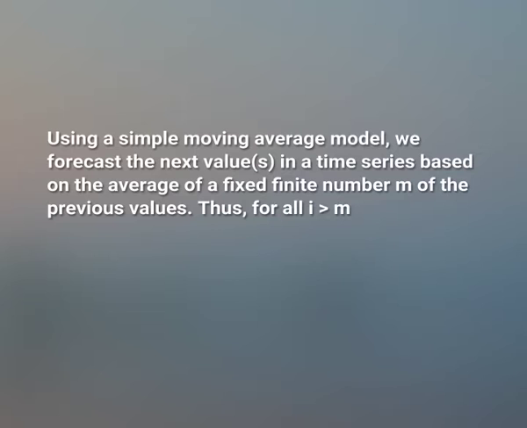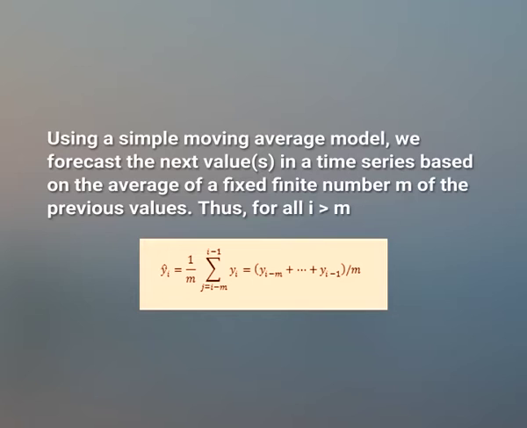Thus, for all i which is greater than m, we have y is equal to 1 upon m sigma y i, which is equal to y i minus m plus, it continues, plus y i minus 1, divided by m.